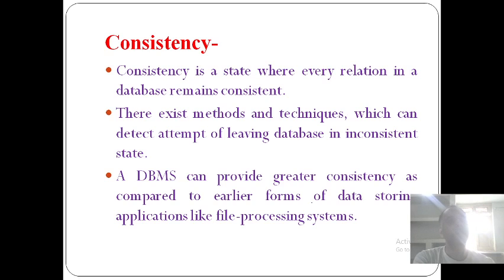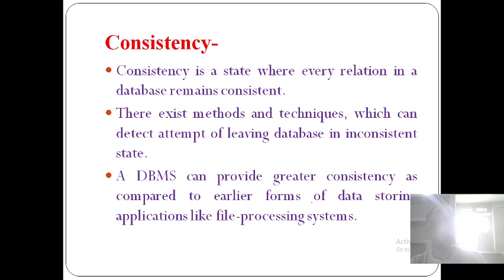See here now, if you want to delete the department relation, but one attribute is already there in the student table, what is that? Department. First that has to be deleted, then you can go for deleting the table. Because this is how they are consistent, depending on one relation to another relation.